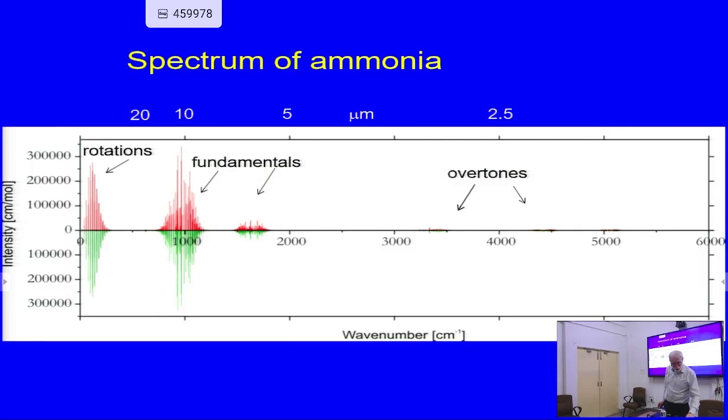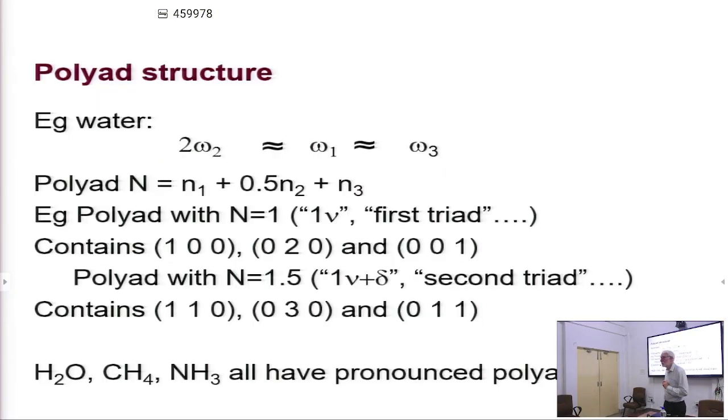But before we do that, I want to talk briefly about polyads. So I already mentioned that you quite often have the example, for instance in water, that two bends is nearly the same frequency as both the symmetric stretch and the asymmetric stretch. That means that instead of the bands being nicely separated, they lie on top of each other.